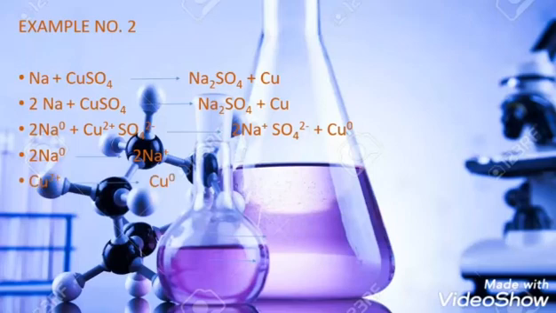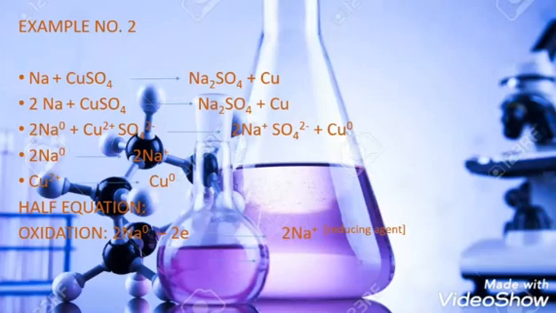On the other hand, copper changes its charge from 2 positive to copper neutral, meaning copper gained electrons. Writing the half equation for oxidation would be 2Na minus 2 electrons to give you 2Na positive.